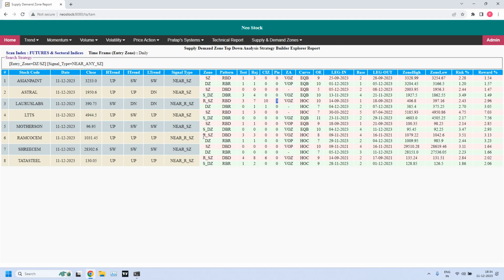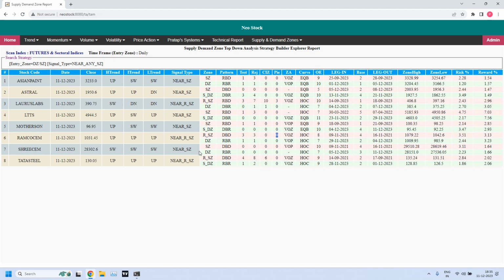We have one more, Ramco Cement. It is already tested 3 times. Previously also we got opportunities in this zone. But now when you are looking into this zone, look for a fresh 75-minute zone, or you have to look for a deep entry inside. But it is not yet pierced.